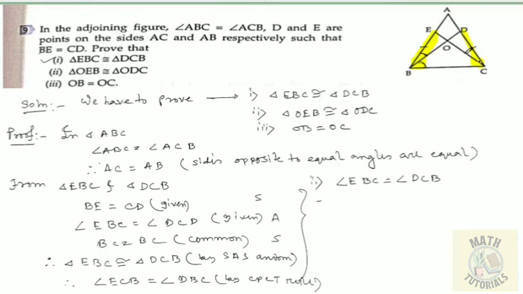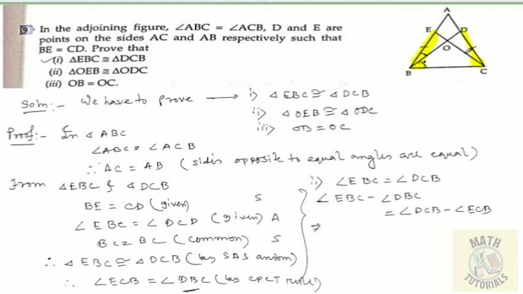So here we subtract angle DBC from angle EBC, and on the right hand side angle ECB from angle DCB.